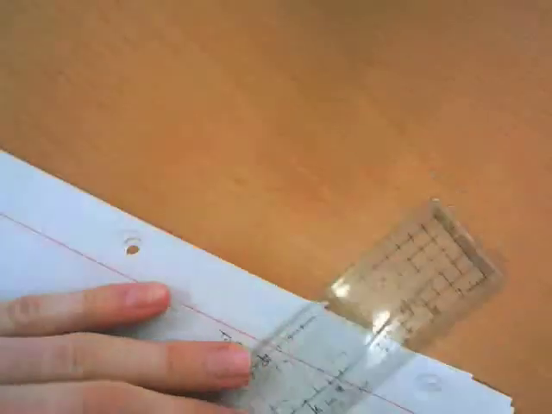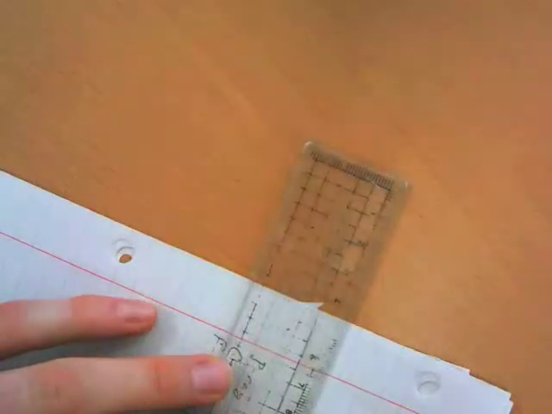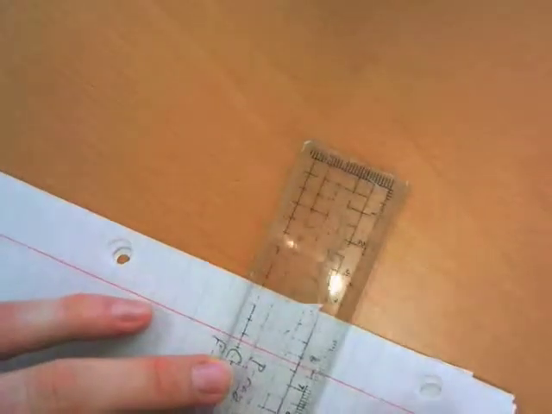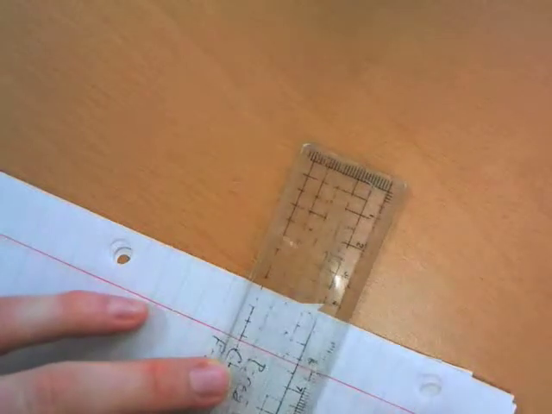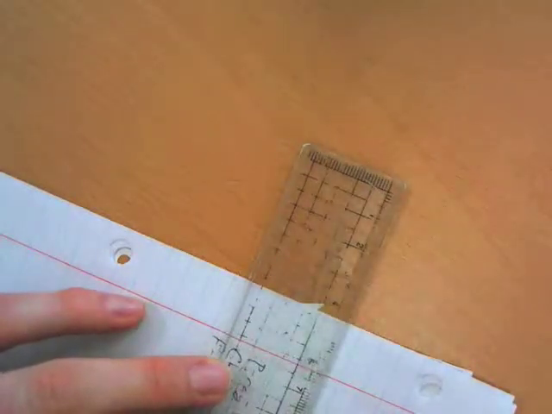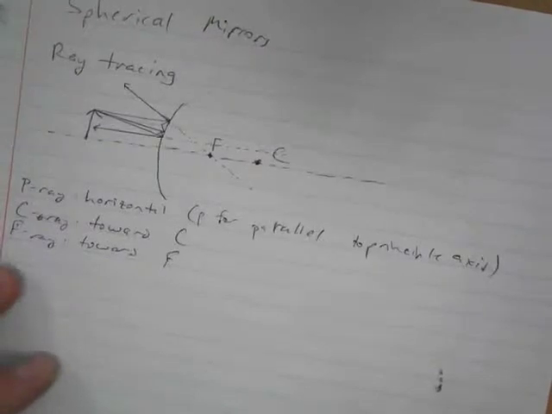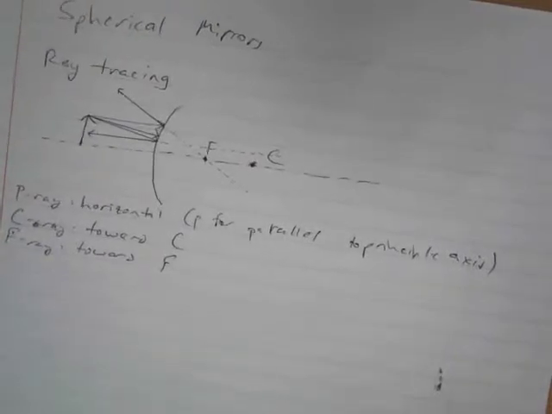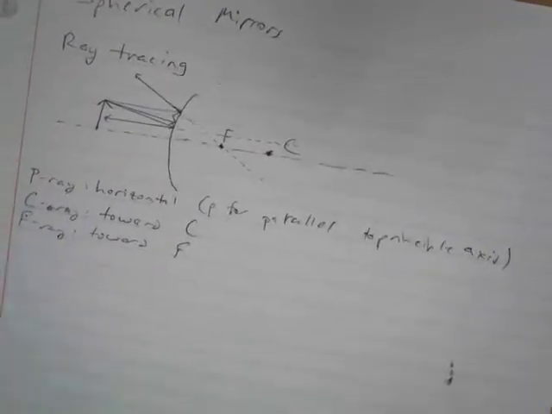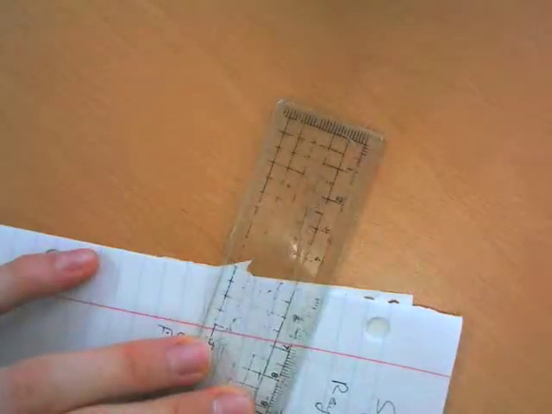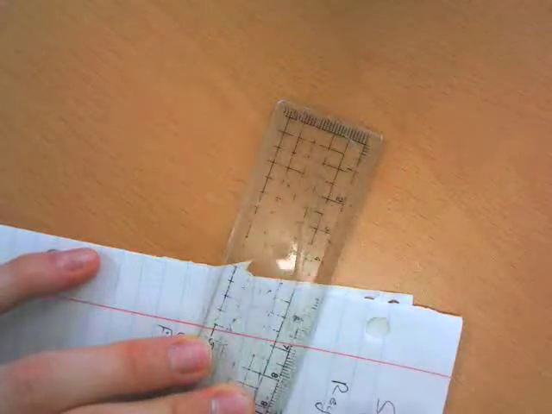It will bounce back horizontally. And the ray that is initially traveling toward the center of curvature will bounce back along the same line.